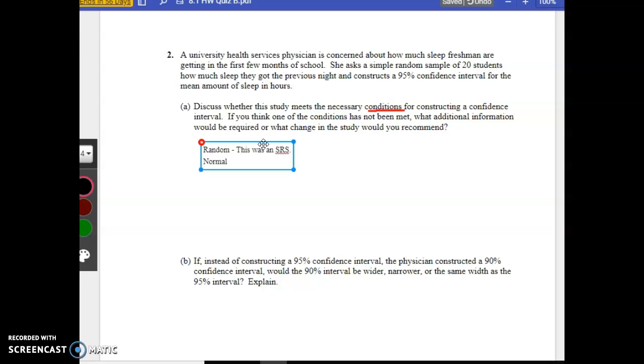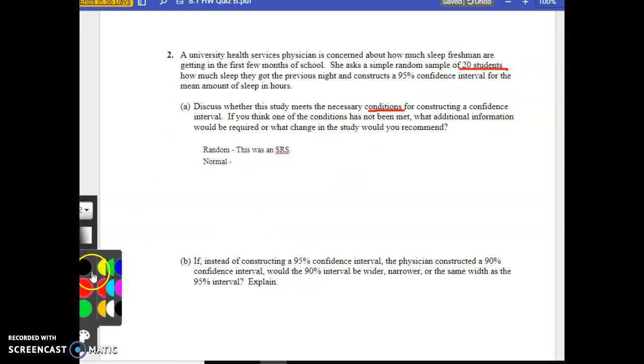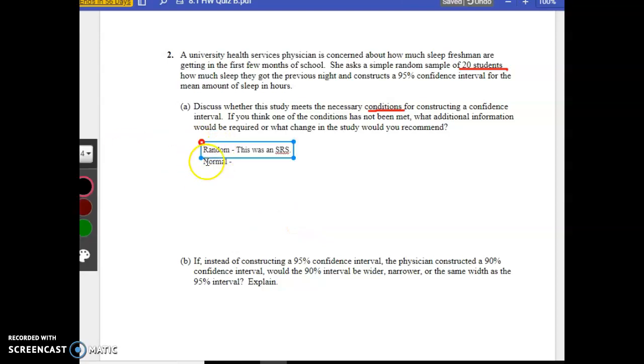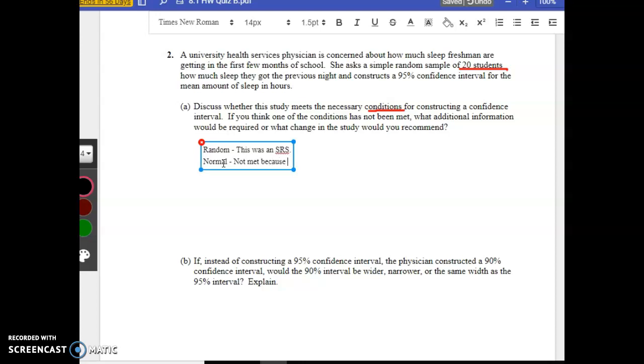The normal condition for means is the same as it was for sampling distribution, meaning we have to be told the population's normal or the sample size has to be bigger than 30, or at least 30. And here my sample size is 20. So this condition is not being met. So normal is not met because the sample size is too small, and we're not told the population shape.